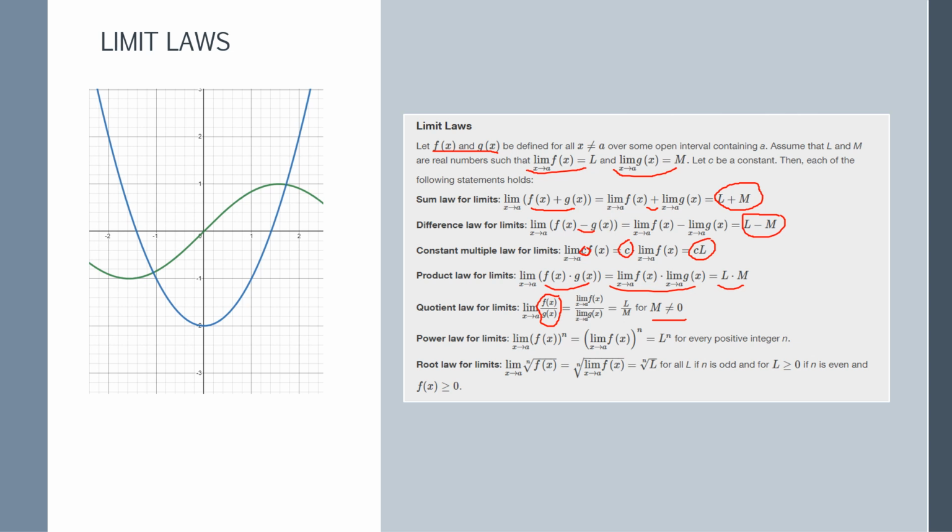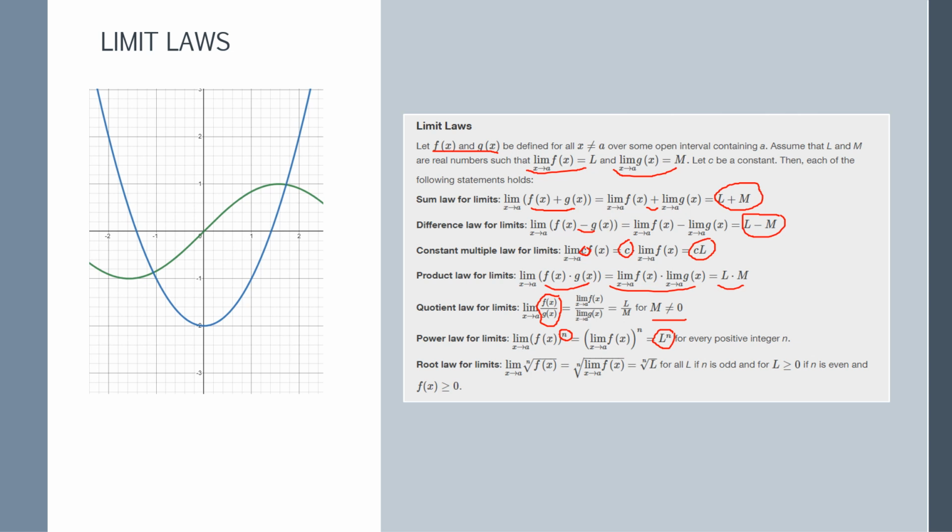All right, and then the power law for limits says that if we have a power, then we can just take the limit of the function and then raise that number to this power. So that's your L to the n. And then the last one is the one dealing with radicals.